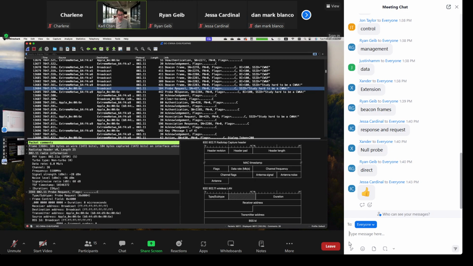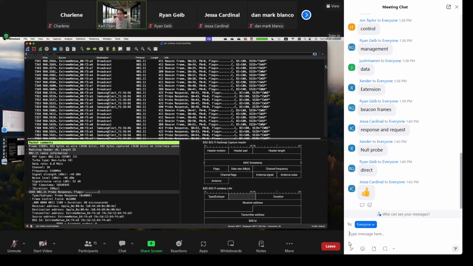From this probe request, all the probe responses you get are from the APs providing the SSID matching the SSID you asked for. So you will see we have fewer probe responses getting back.